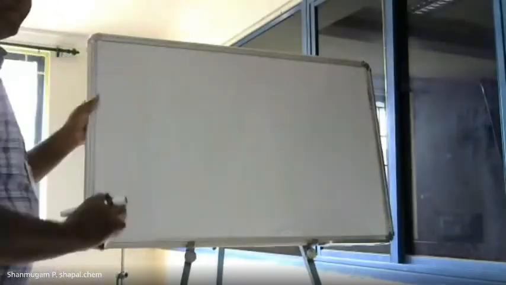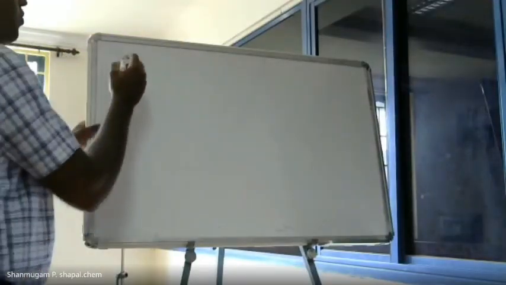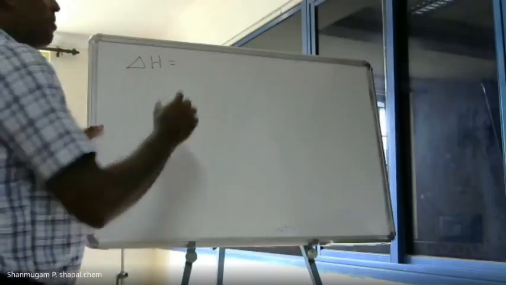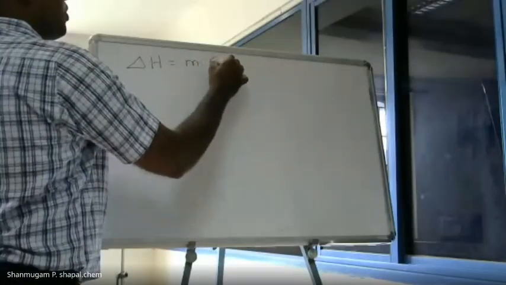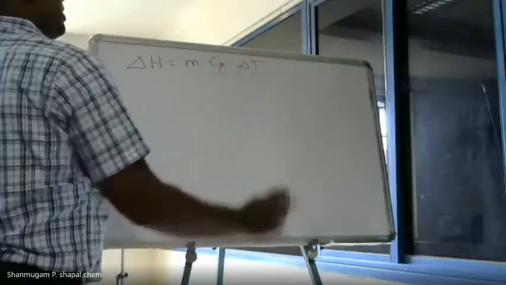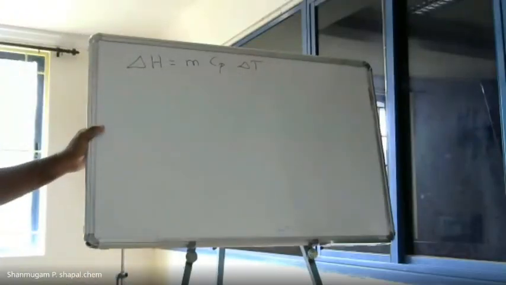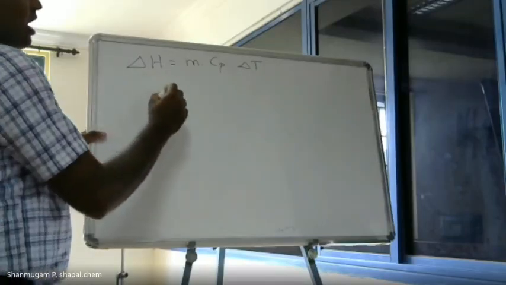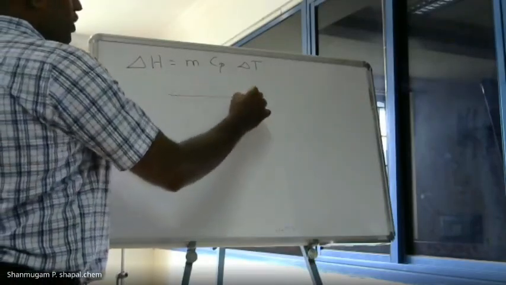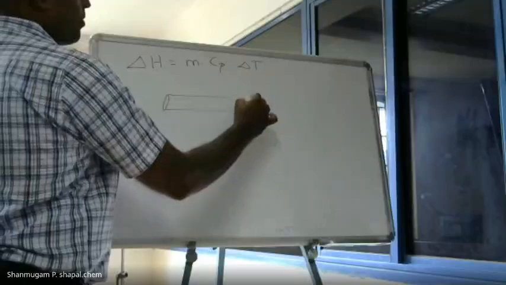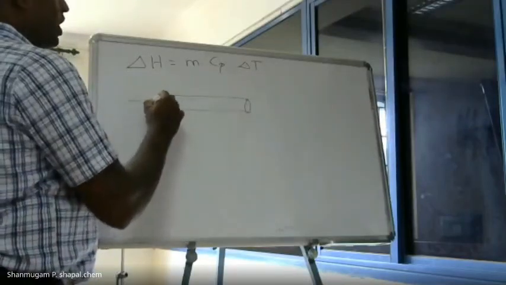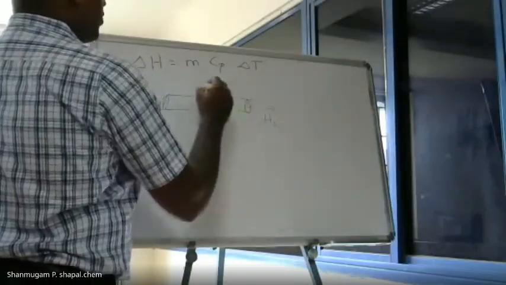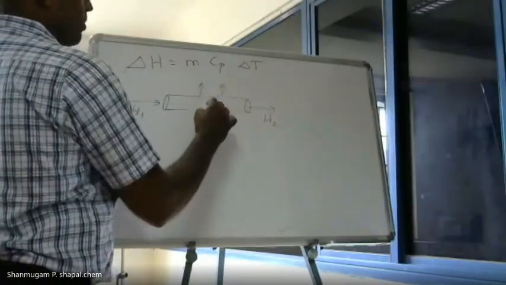Because in general, if you want to find the enthalpy change in a particular vessel or anything, you put delta H. You take a tube, you give some heat H1 and you get H2 because the heat started to liberate out.